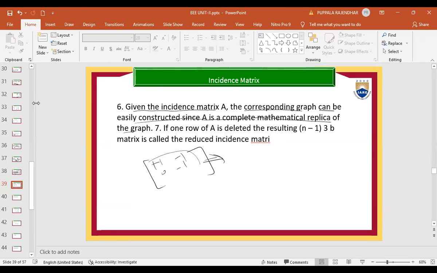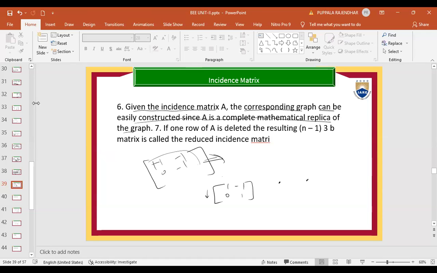Can you construct a graph with the instance matrix or not? Yes, sir. Of course, sir. We can construct. Now, the number of nodes here, how many nodes are there? 2 nodes.